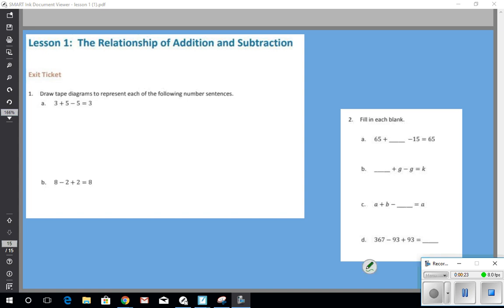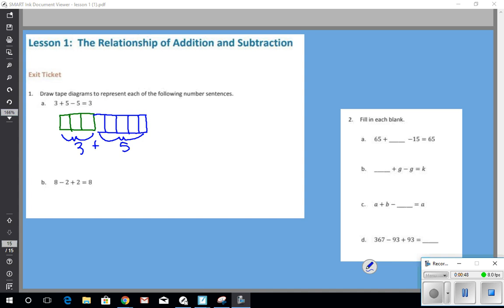So if we were to make tape diagrams and we start out with 3, it would just be 3 rectangles. And then if we're adding 5 to that, we could show a couple different ways that we also added on 5. 1, 2, 3, 4, 5. So we'd have our 3 plus we'd have our 5.